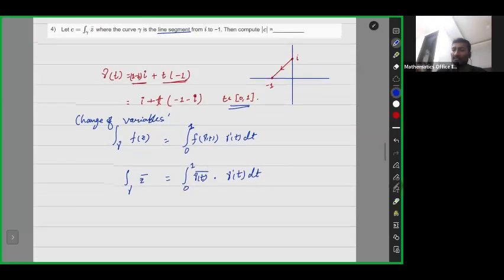Now we put in gamma t. What is gamma t? We directly put it from there. Gamma prime t is minus 1 minus i.